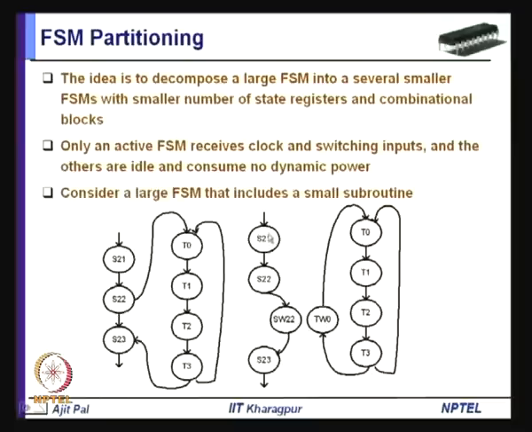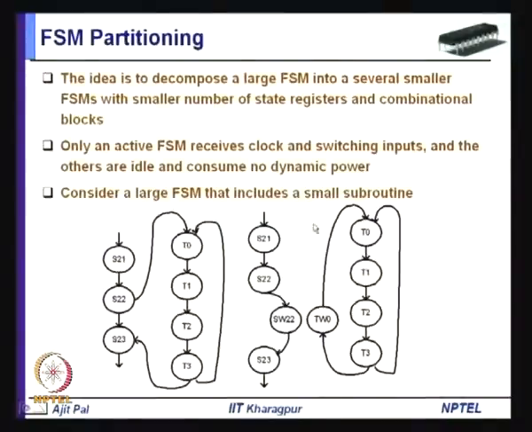That means, when the machine sends signals to this FSM, it can go to this subroutine, and this can become active, and the other can remain in the idle state.